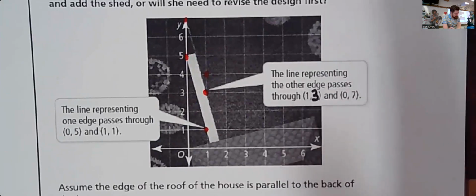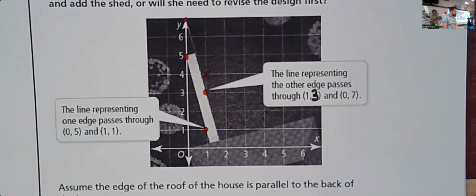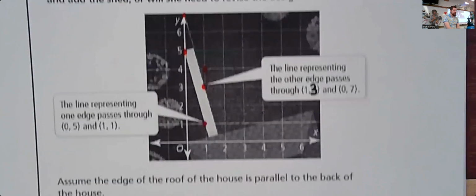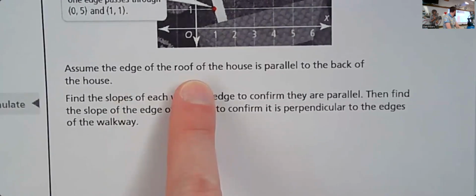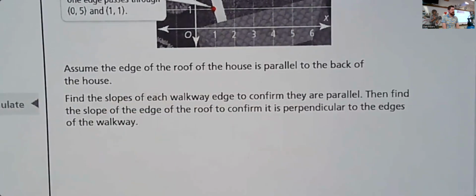All right. So first of all, she wants her walkway to be perpendicular to the house. But first, it says right here to assume that the edge of the roof of the house is parallel to the back of the house.